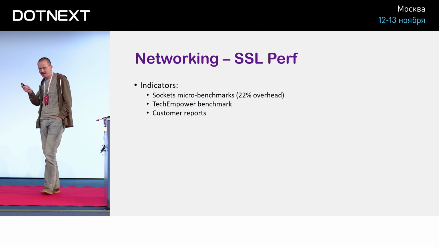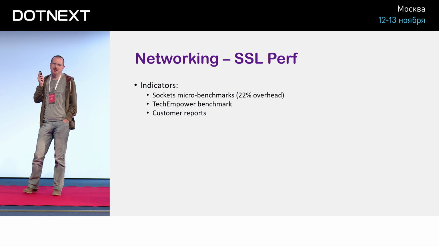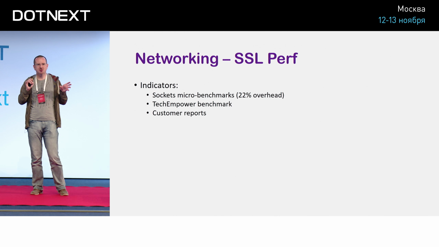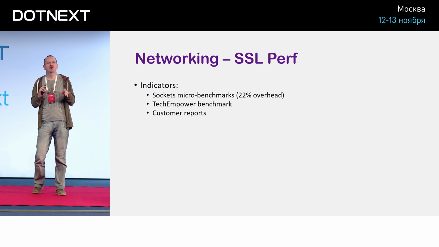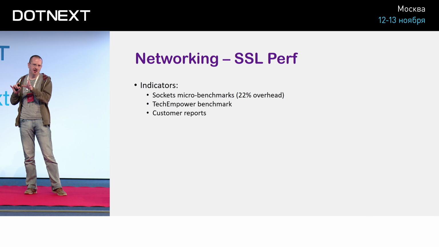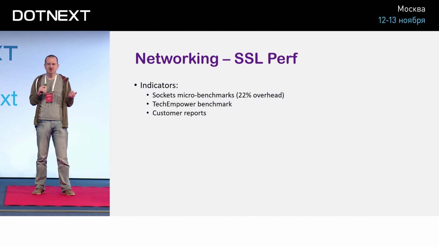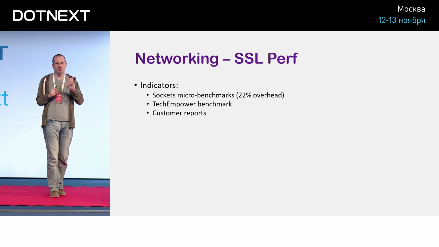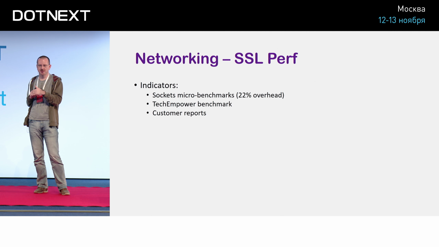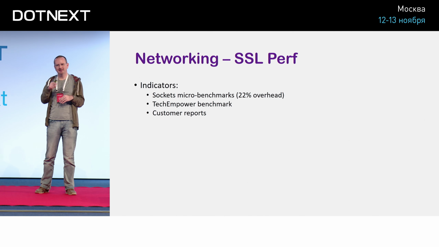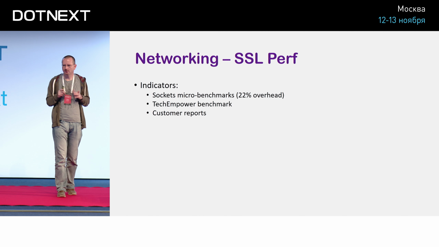They even have public data. They compared the HTTP versus HTTPS difference on .NET Core, as well as on .NET Framework, and on Go and other places. And it looks like our penalty for switching to HTTPS, percentage-wise, is worse than on other stacks. So that again shows that maybe we could do better, and we will try.